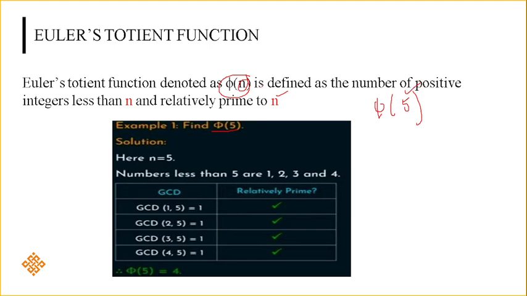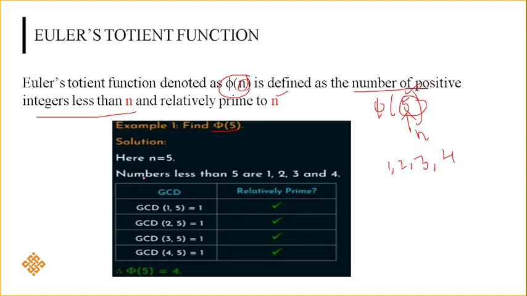As per the definition, the number of positive integers less than n, where n is 5, are 1, 2, 3 and 4. And the values that are relatively prime to n are counted as the Euler's totient function.